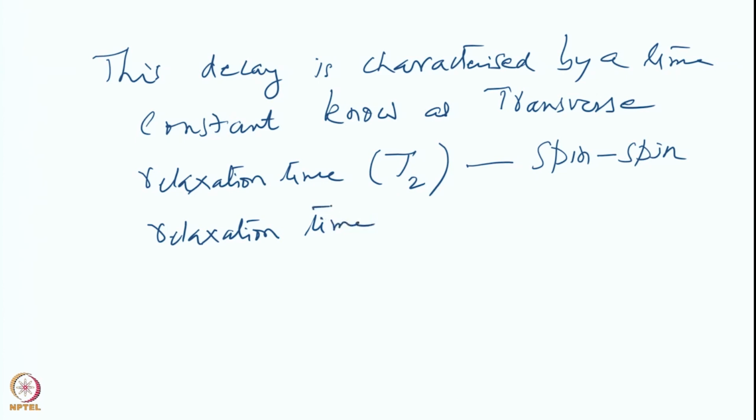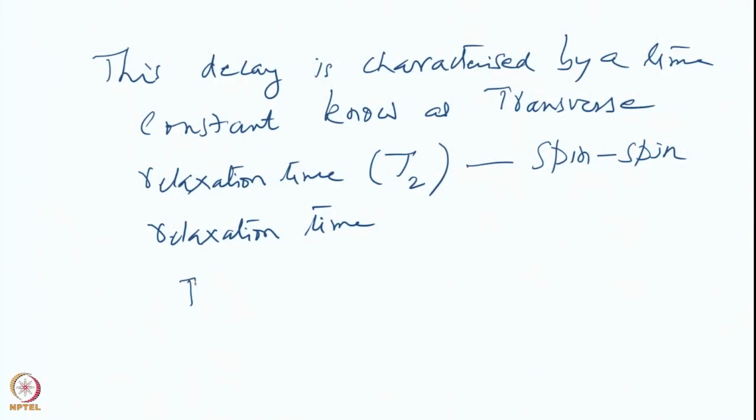So, we have introduced these two concepts here: one is the spin lattice relaxation time and the other one is the spin-spin relaxation time. Spin lattice relaxation time is also called the longitudinal relaxation time. So, T1 is also called the longitudinal relaxation time.